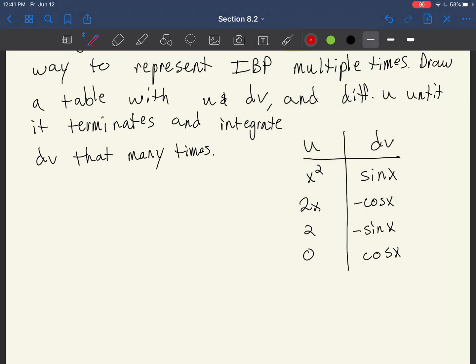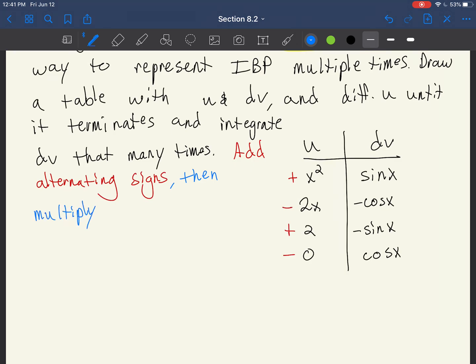Going to use colors. You add alternating signs. So you're going to start with a plus in front of your first u, and then you alternate. And then you multiply diagonally.